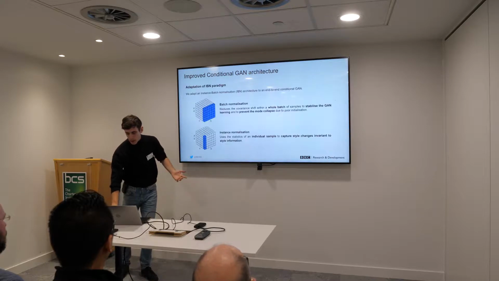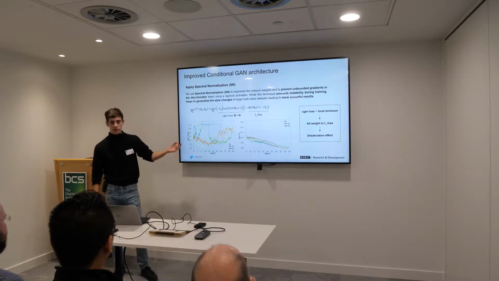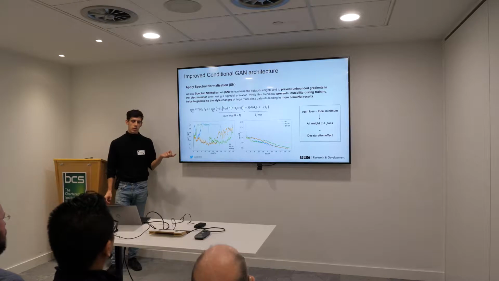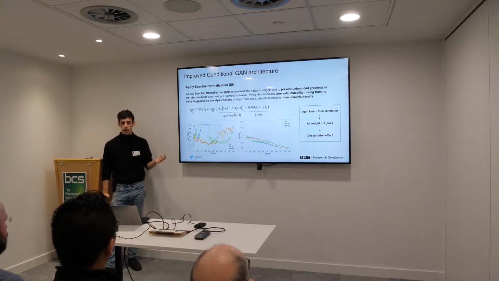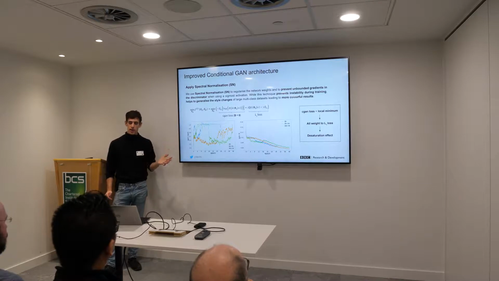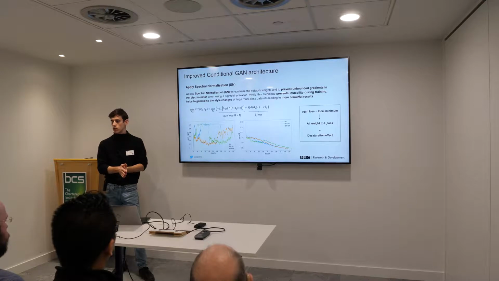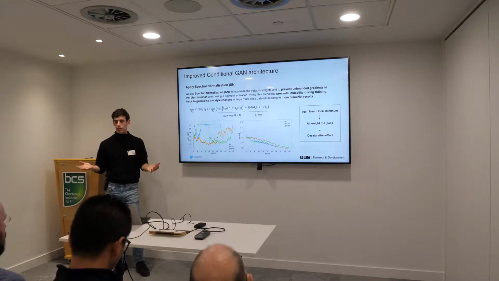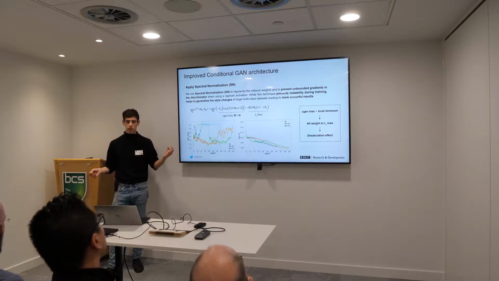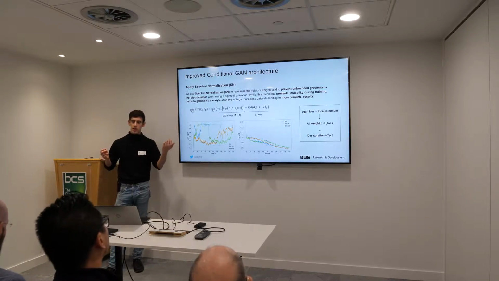As another idea, we also apply spectral normalization. This was introduced by Self-Attention GAN, and it was demonstrated to help stabilize the training. If we have a generator and a discriminator that differ greatly in complexity, the generator tends to collapse to a local minimum.